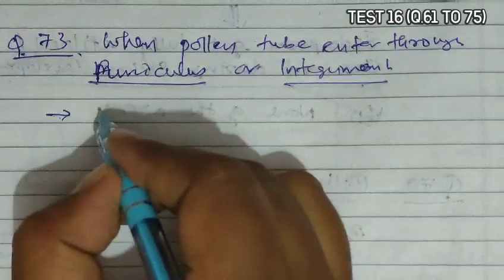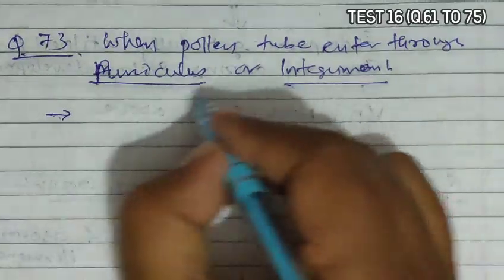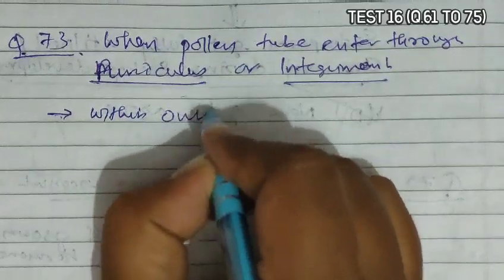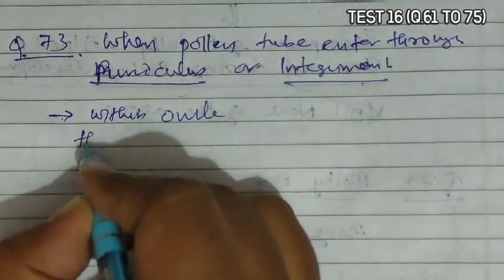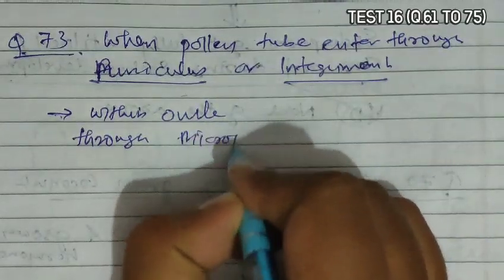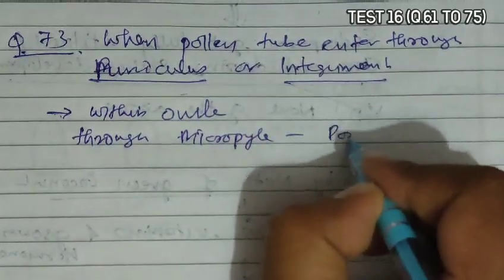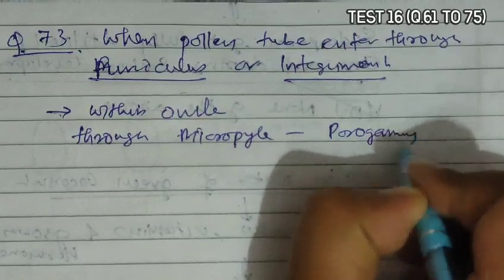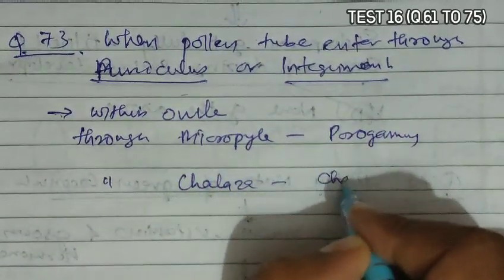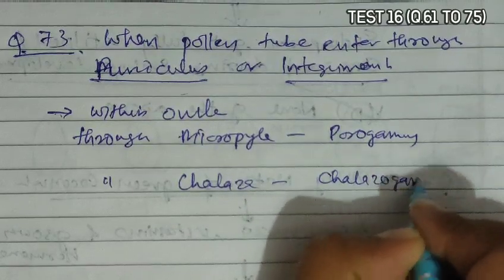Because if there is an entry of pollen tube within ovule through micropyle, then it is known as porogamy. Through chalaza, then it is known as chalazogamy.